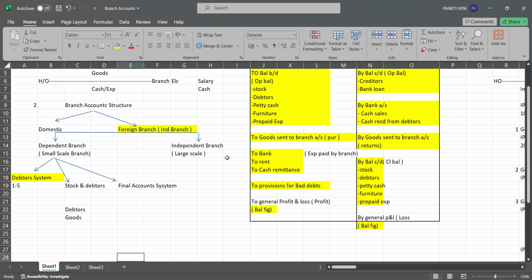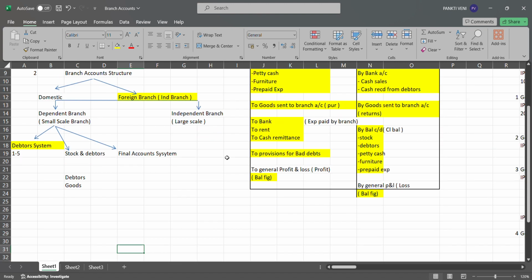You will be given a format, and based on that format you have to prepare your sums. So we have three different types of sums: debtors system sums, stock and debtors sums, and final account system sums.